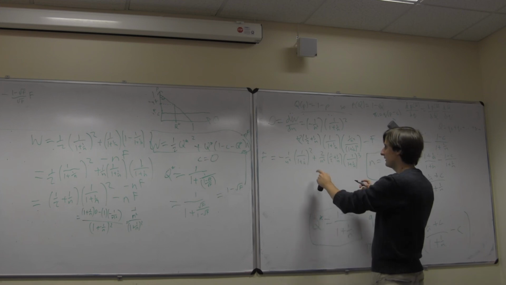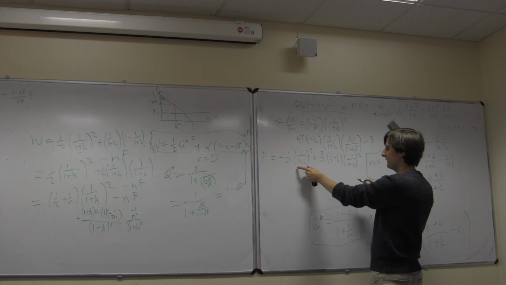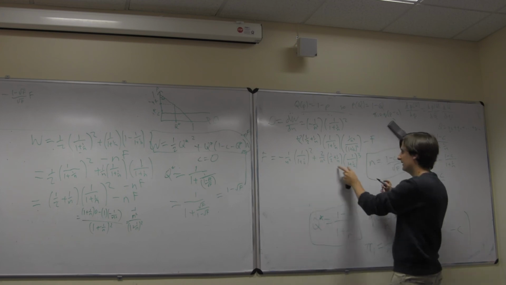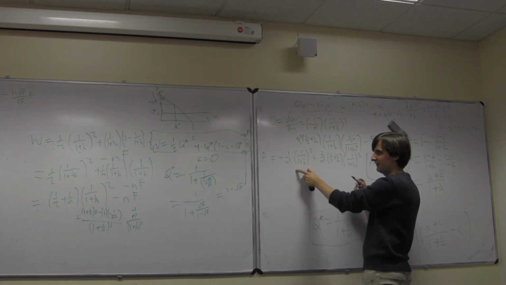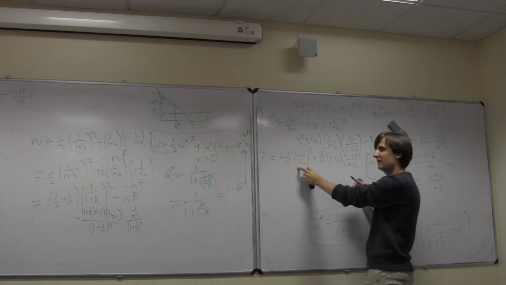So we've got 1 over 1 plus 1 over n squared here. We've got 3 copies here. Okay, so let's just divide through everywhere by this thing. Take all that over to the other side.